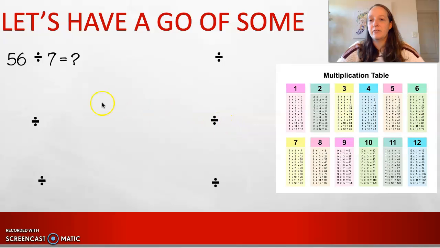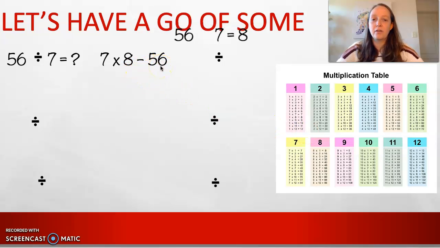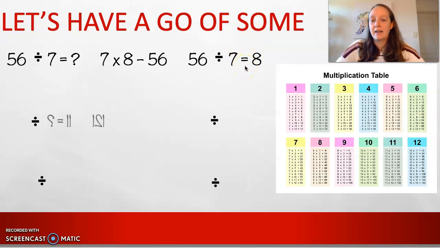The first question here we've got is 56 divided by 7. Now if we don't know straight away what that might be, we can think about what a multiplication table has said, which is 7 times 8 equals 56. Therefore, 56 divided by 7 equals 8. Another one we've got here is 121 divided by 11. Again, we might not be able to do that division in our head, but we can think about our multiplication tables and we can know 11 times 11 is 121.